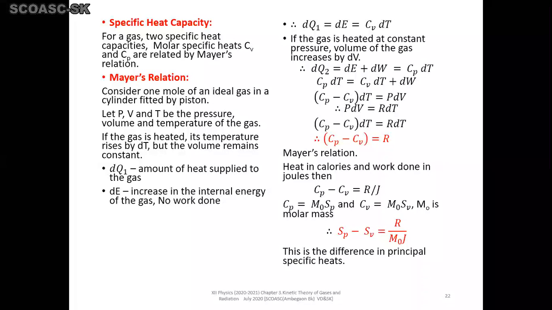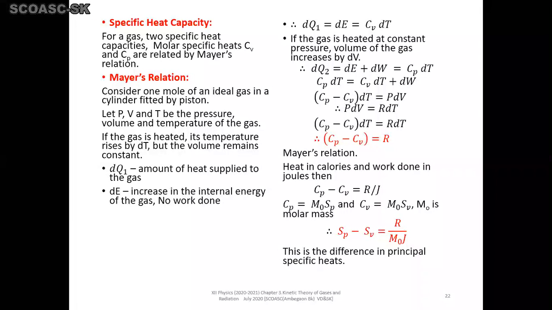Now, molar specific heat capacity is denoted by the alphabet C, and principal specific heat capacity is denoted by the alphabet S, right? Now, when I'm talking about a gas, I have two specific heat capacities, especially for gases, right?